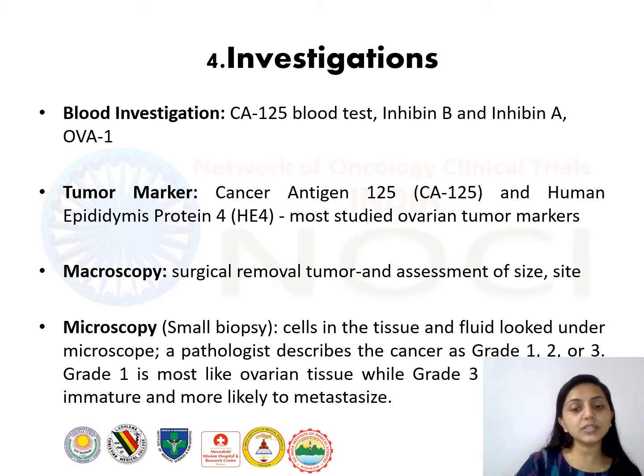A pathologist describes the cancer as grade 1, grade 2, or grade 3. Grade 1 is most like the ovarian tissue, so most of the cells will have the appearance of the ovary, and a small number of cells have the tumor cells, whereas grade 3 cells are more immature and more likely to metastasize or are more aggressive.